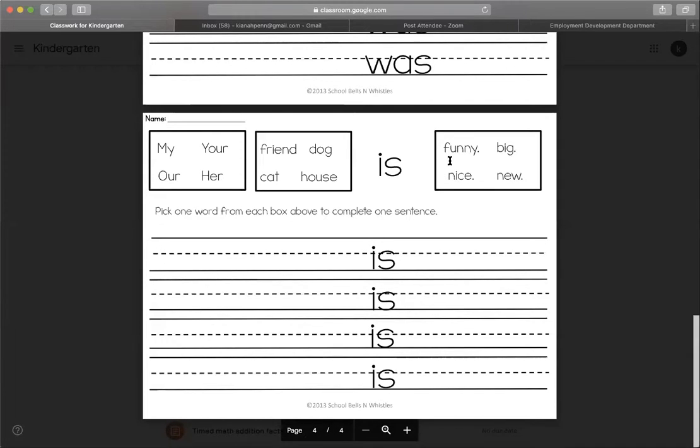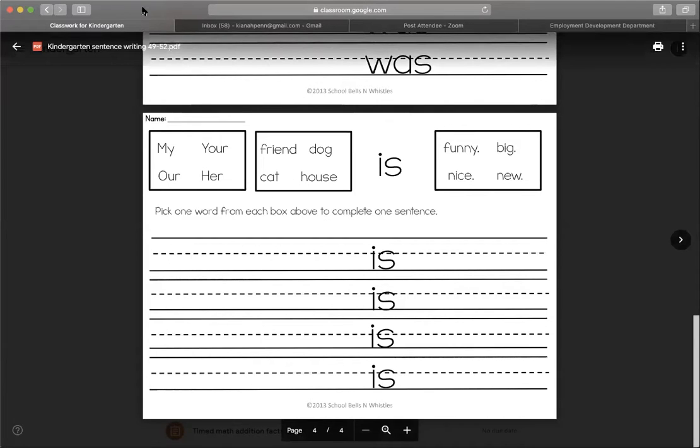And your third box has funny, big, nice, and new. So I'm going to give you guys 5 minutes to create 4 sentences utilizing the words in the box. So using the words that are in each of these boxes. Let's start with the top one first. Okay, you guys can go ahead and begin.